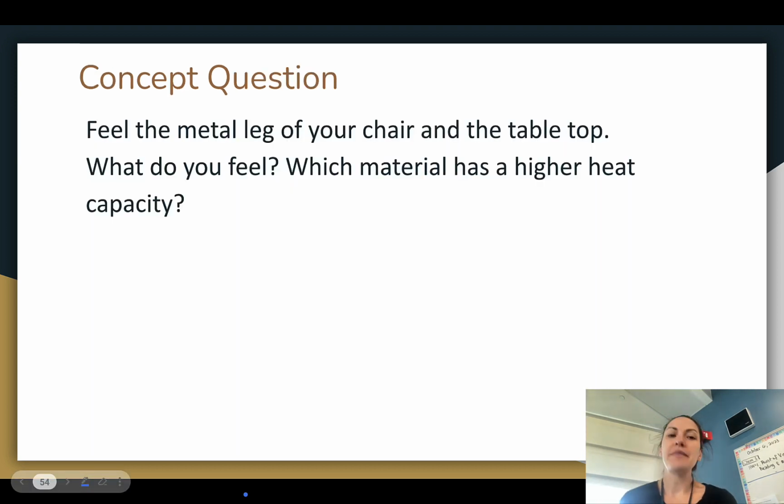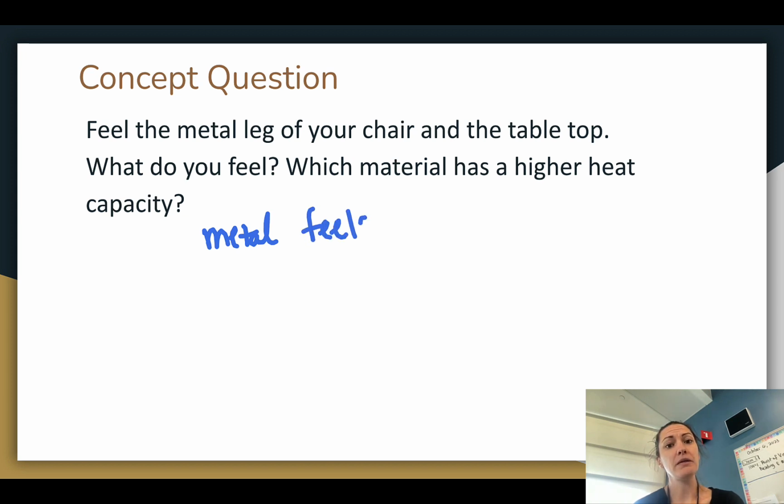So let's think about this conceptually. If you take your hand and you feel the metal leg of your chair, and then you feel your tabletop, which is made out of more of a plastic material, what do you notice? I notice that the metal feels cooler to me. It feels cooler to touch. Okay? So which material would have a higher heat capacity or specific heat?